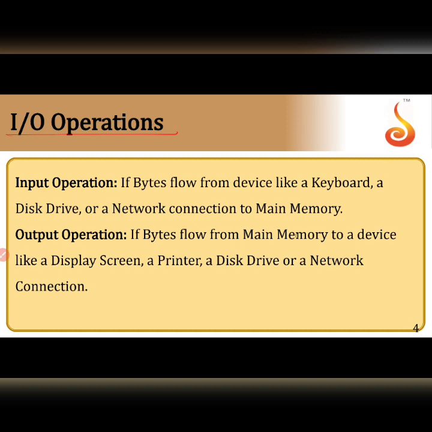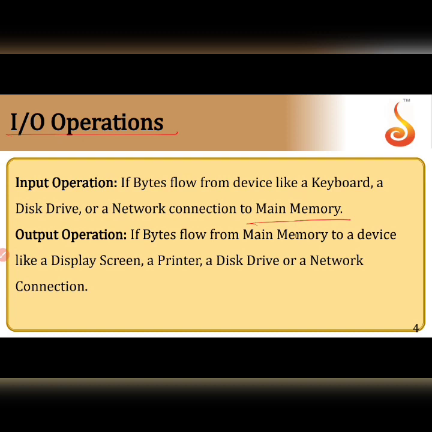Input operation: if bytes flow from a device like a keyboard, a disk drive, or a network connection to the main memory during execution, for example, in the last program we took the size: enter the size, then from the keyboard you enter the size, which goes to the program. Yes, the flow from the input device to the program is the input operation.